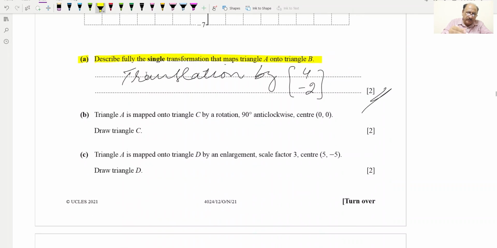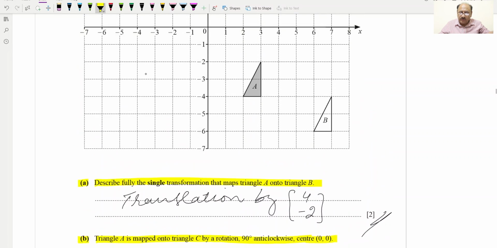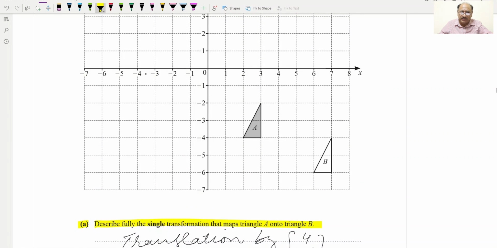Now B part. B part says triangle A is mapped onto triangle C by a rotation of 90 degrees anticlockwise. Center is origin, and draw the triangle C. So now we have to rotate this triangle A. What we can do, we can draw a 90-degree angle for this one about the origin.